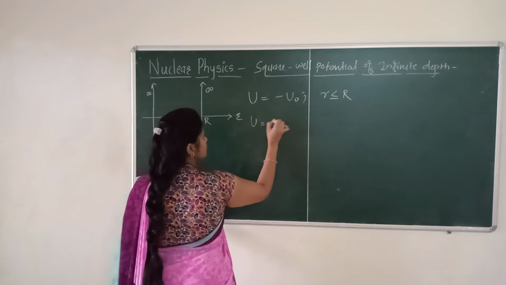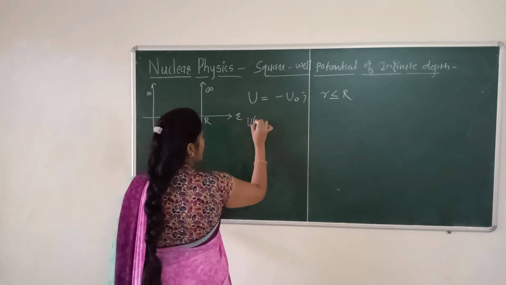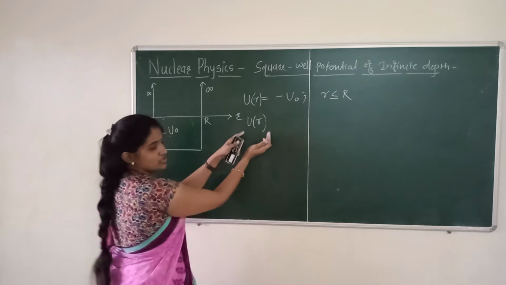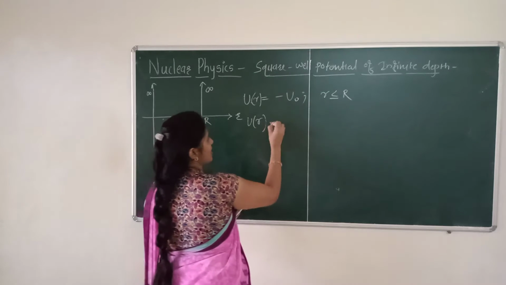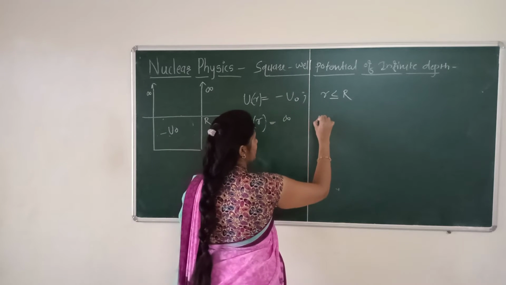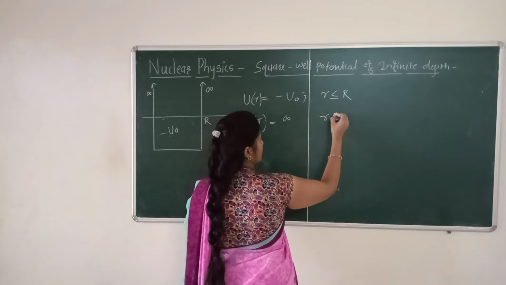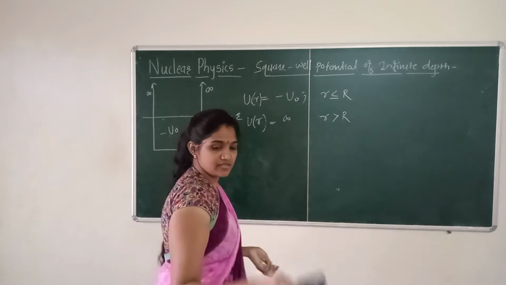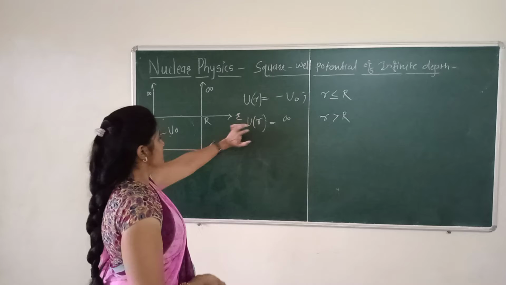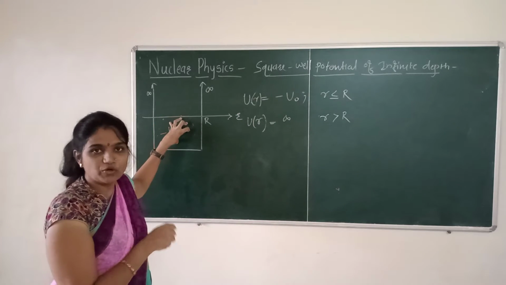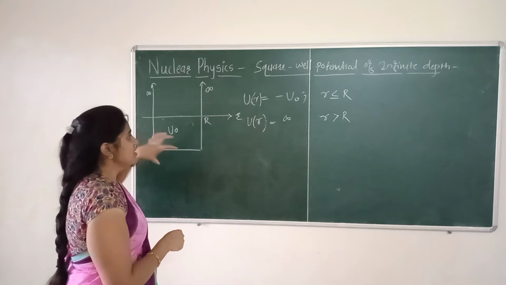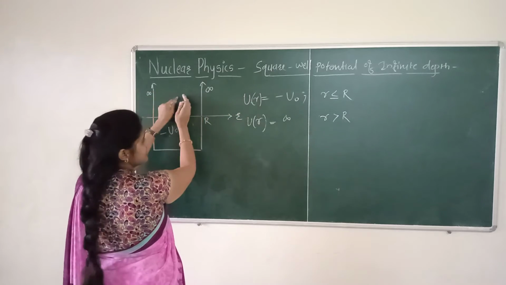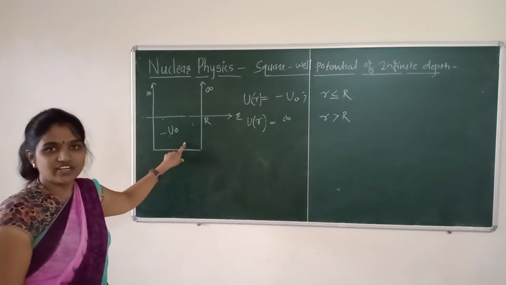Next, U of r, because this depends on the r value, is equal to infinite when r is greater than R. Understand? Means what is actually happening? The nucleons enclosed in that potential feel a constraint that they cannot move beyond the potential wall, because there is an infinite potential and they are enclosed in it.